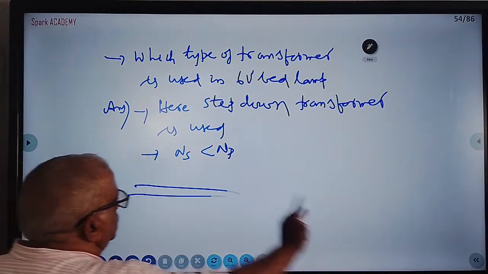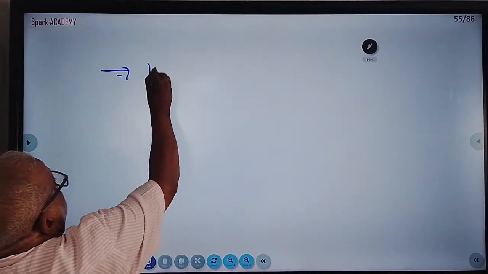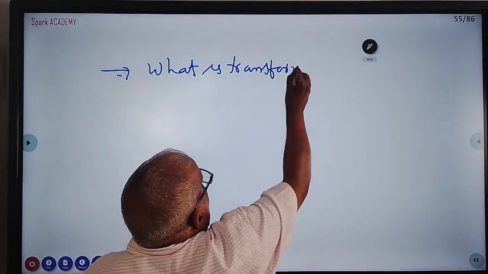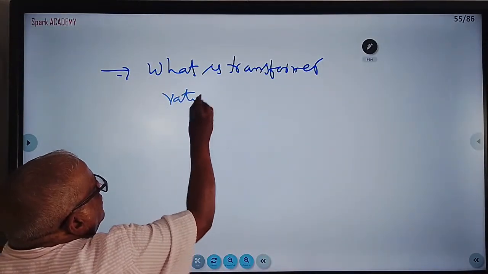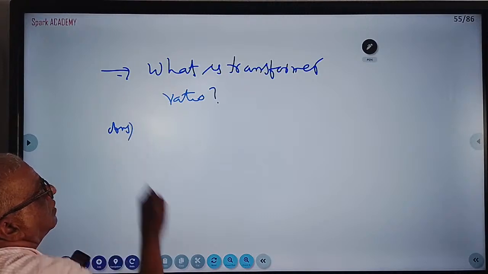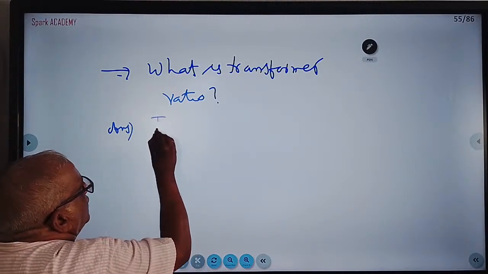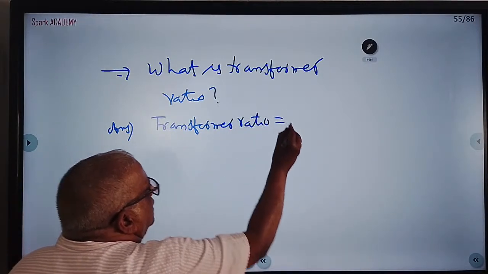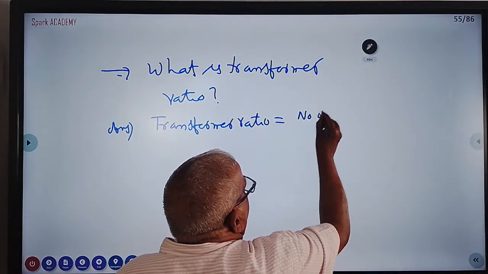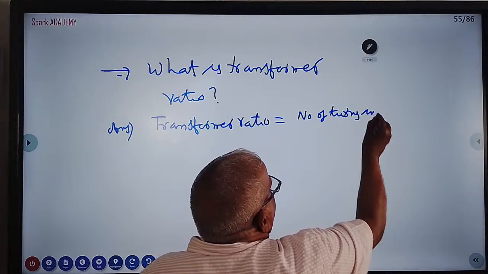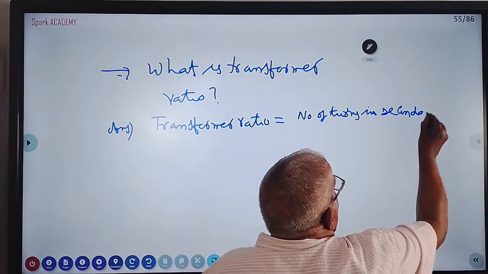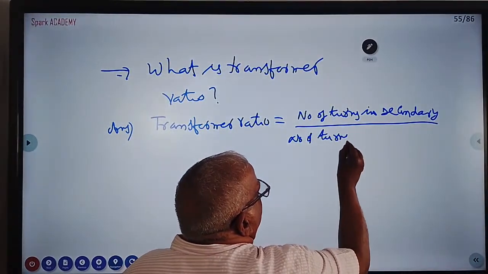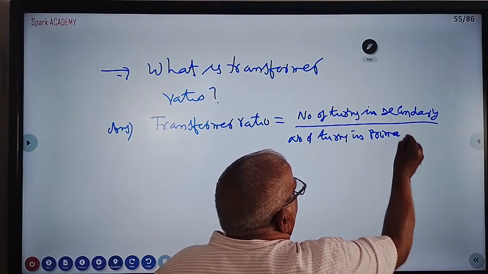What is transformer ratio? Next question. Answer: transformer ratio, or transformation ratio, is the number of turns in secondary, which is the output, by the number of turns in primary.